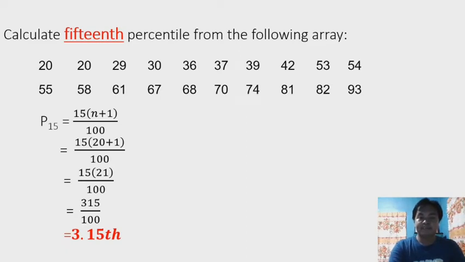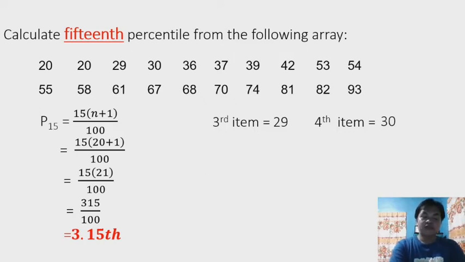item sa 20 items na meron tayo dito from 20 to 93. What is the third item? The third item is 29. And the fourth item is 30. So, the value of the third item is 29.